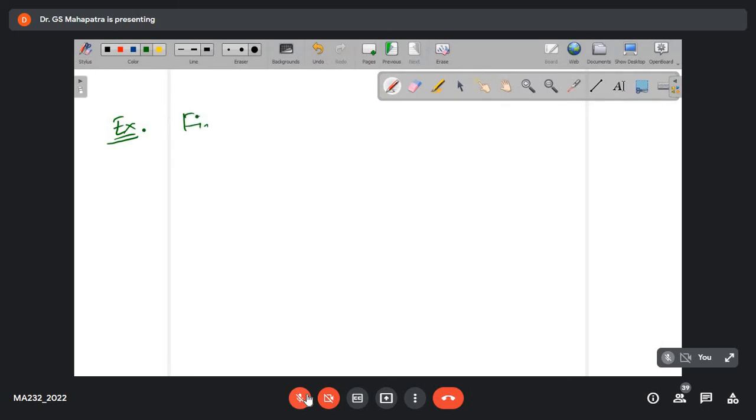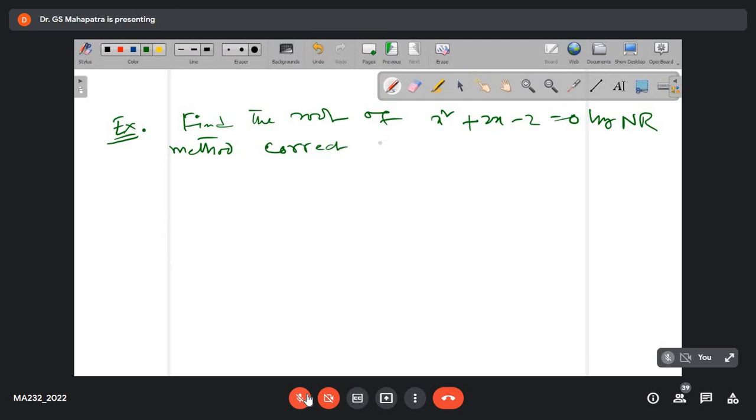Find the root of x square plus 2x minus 2 equals 0 by the NR method, correct up to 3 significant figures, fine.